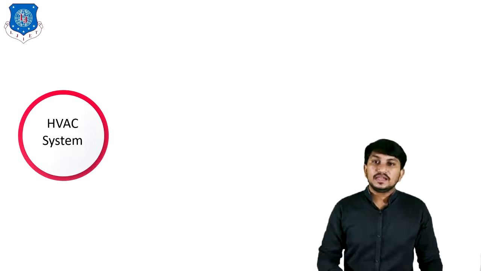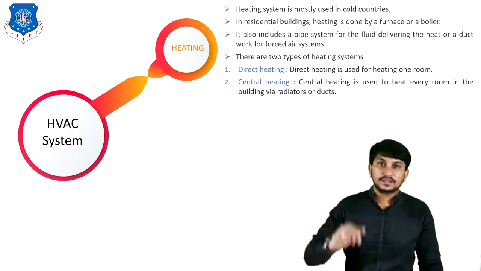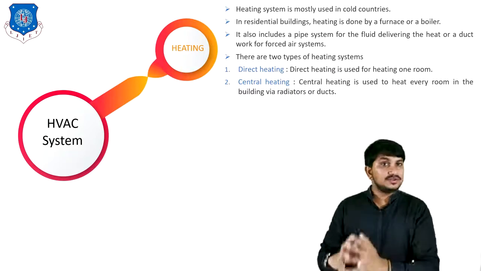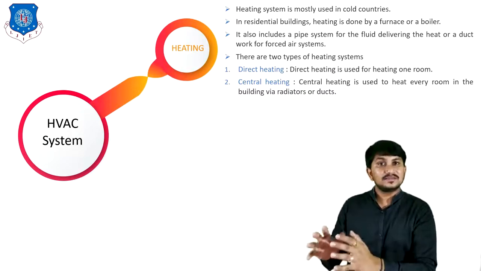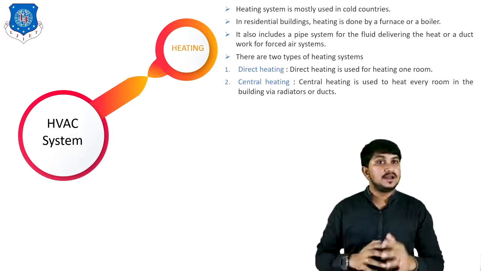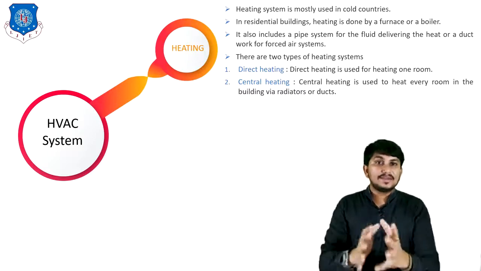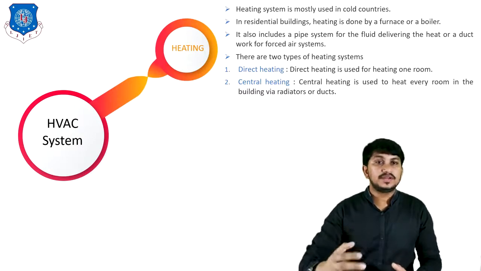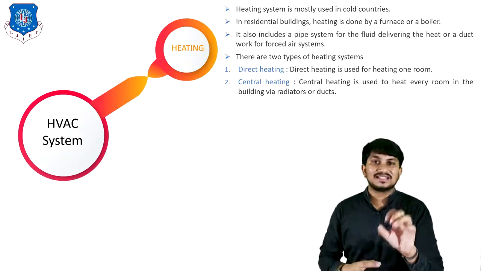In the HVAC system, first is heating. Heating systems are mostly used in cold countries. In India, heating systems are not much provided. In residential buildings, heating is done by a furnace or a boiler. It also includes a pipe system for the fluid delivery, the heat, or ductwork for forced air systems.